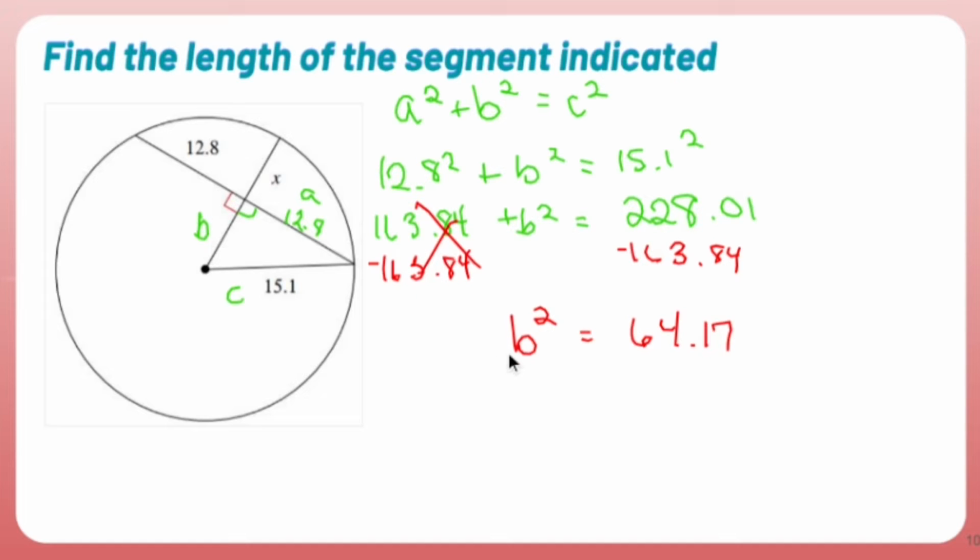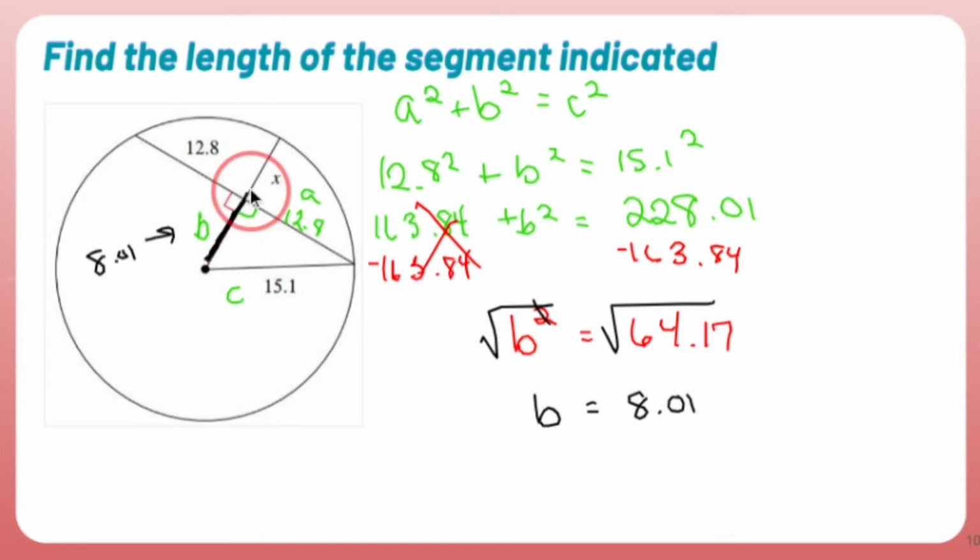Now, in order to get b all by itself, I have to square root both sides. The square root of 64.17 is a little over 8. It's actually 8.01. It's a shame it couldn't just be 8, but it's 8.01. So b, this right here, is 8.01. Now, again, the whole purpose is I know this is a radius, and I'm trying to find x.